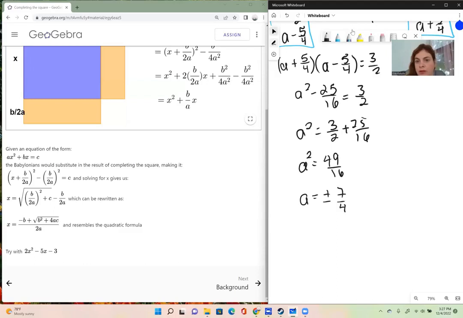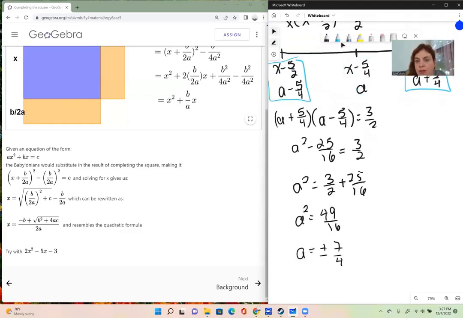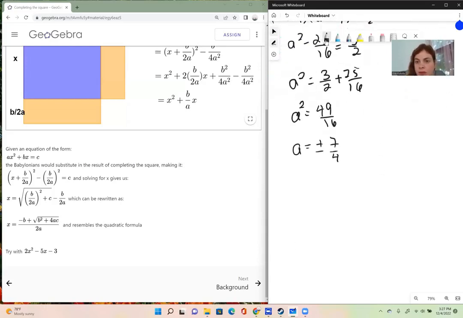Recall that on our table we have a equals x minus 5 over 4. So I will say that x minus 5 over 4 equals plus or minus 7 over 4. x equals 5 over 4 plus or minus 7 over 4.